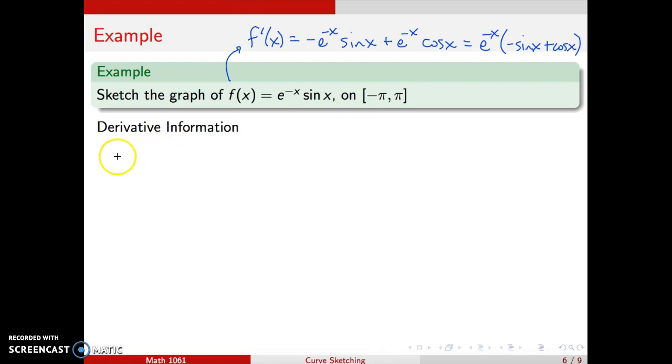So let's figure out some critical numbers. This is defined everywhere, we don't have any problems, so we want to solve this equation. Where does f prime of x equal 0?